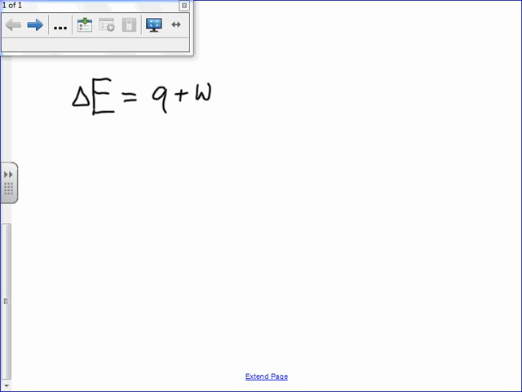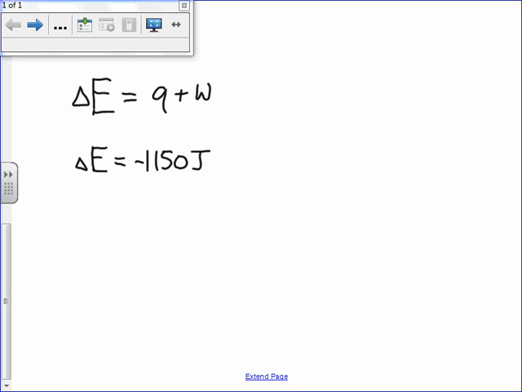So it loses 1,150 joules of heat to the surroundings, all right? Now, the way that we're going to define that, and it's important, in this equation, you need to understand the signs that are used when something changes. And actually, table 5.1 right above that sample problem is a useful little summary of when Q would be positive, when Q would be negative. So because the system is losing heat here to the surroundings, what sign do we need for our heat? It needs to be negative, right? So for figuring out this delta E here, this is negative 1,150 joules.